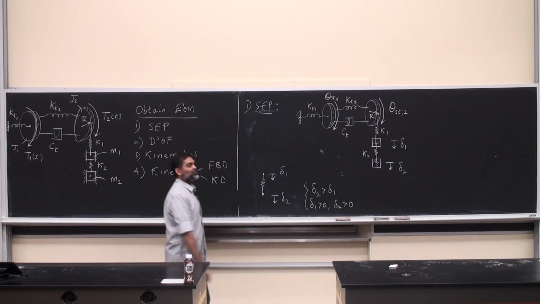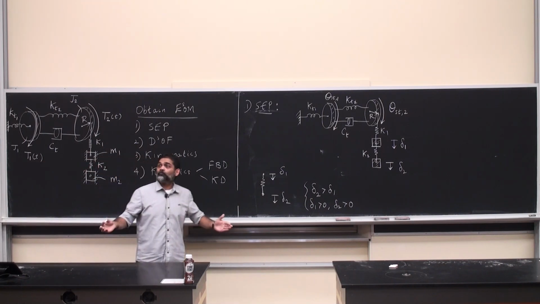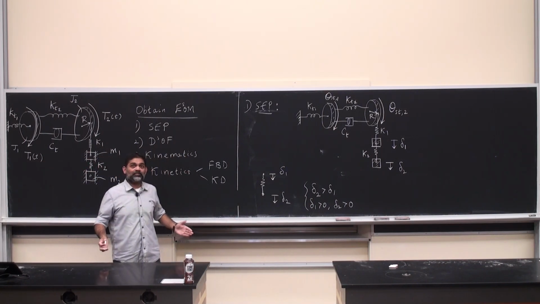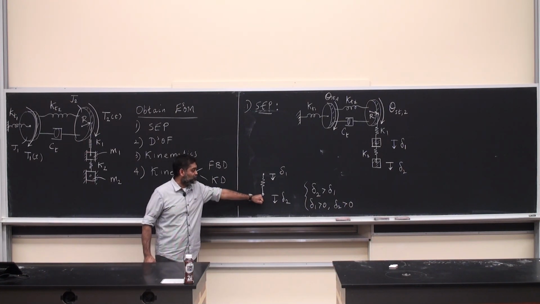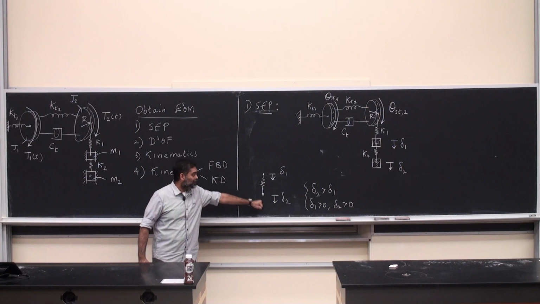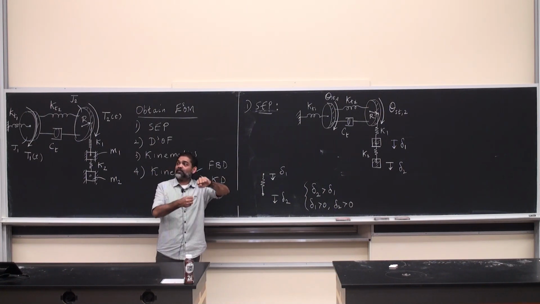if delta 2 is larger than delta 1, if that is the situation during static equilibrium, I do not know, nobody knows, I'm just assuming it to be the case. If that is the case, then this end of the spring will be stretched more than this end of the spring, which will be compressed. Which means that in totality the spring is going to be extended. Okay?